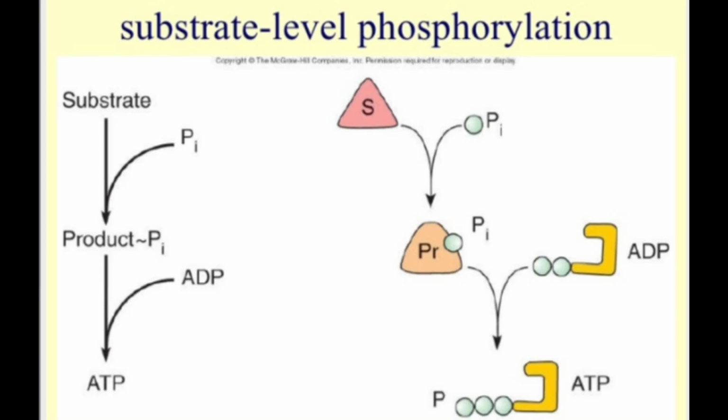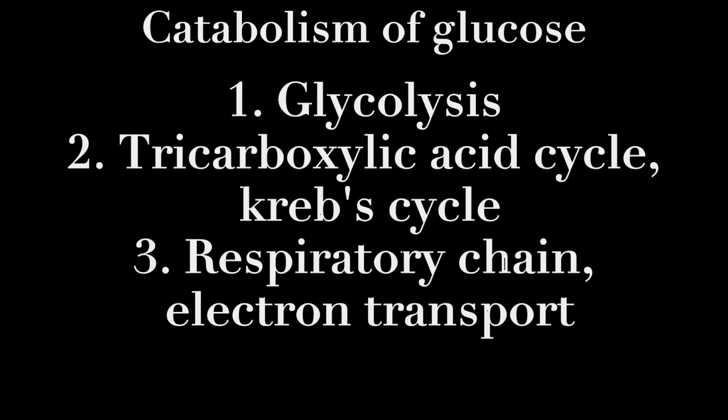Catabolism of glucose: glycolysis, the tricarboxylic acid cycle or Krebs cycle, the respiratory chain, and electron transport. So we have the metabolic strategies. Glycolysis: here we have the overview of aerobic respiration.